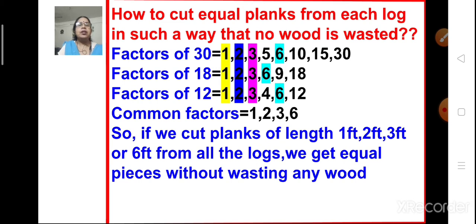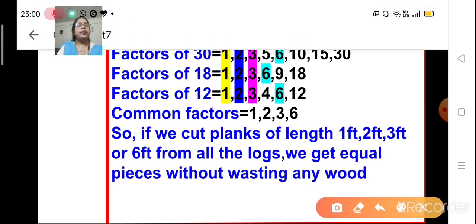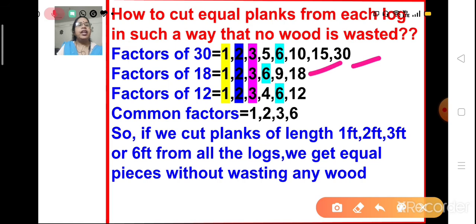Equal planks means the length of the planks should be equal from each log in such a way that no wood is wasted. For this, we have to find the factors of the lengths of the logs, that is the factors of 30, factors of 18 and factors of 12.